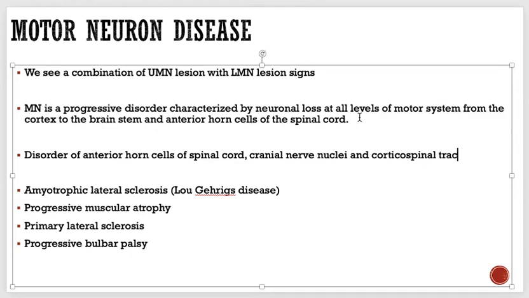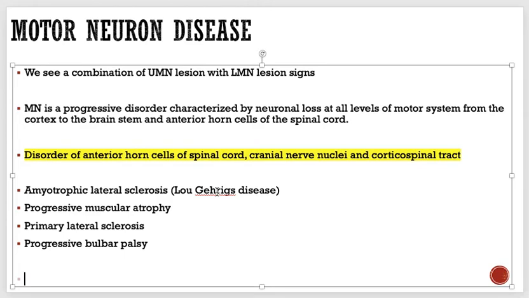You can highlight this, and if you are good in neuroanatomy, guys, it's a very easy condition to understand. It's not hard at all. So amyotrophic lateral sclerosis, also called motor neuron disease or Lou Gehrig's disease, is one type of motor neuron disease, and a very important condition.